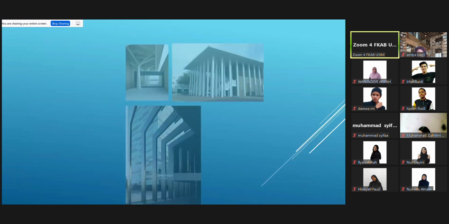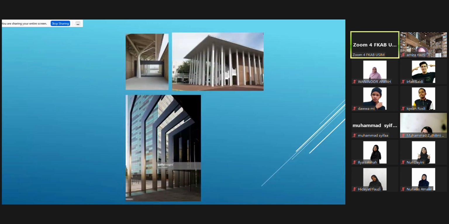What else? This is some other column, an external column, using beam structures. I remember this, somebody was saying this is in Malaysia.